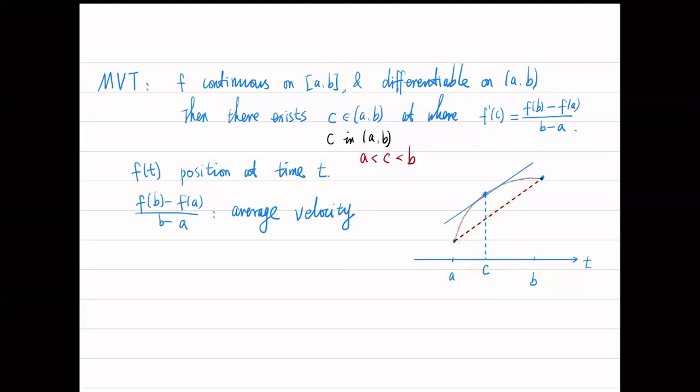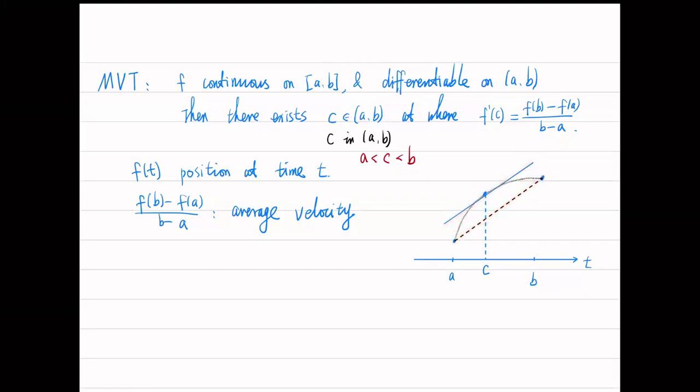Now in math, if we start here, the derivative is too large. If we start from here, the derivative is too small compared to this one. At this moment, the derivative is exactly the slope.